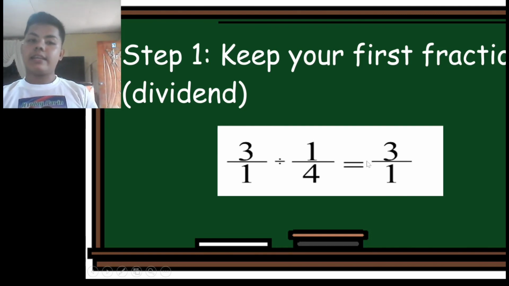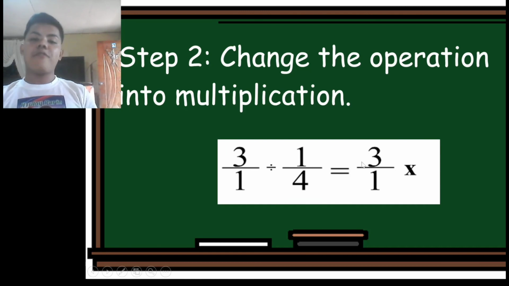Our second step is to change the operation into multiplication. The operation in the given example is division, but step 2 states that we need to change the operation into multiplication. So that is why we change the operation into multiplication.